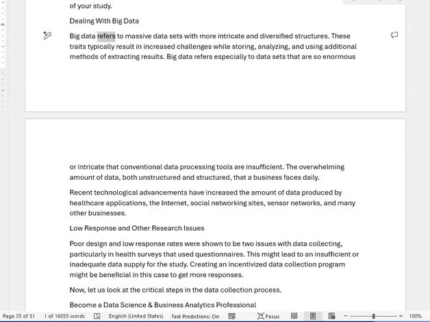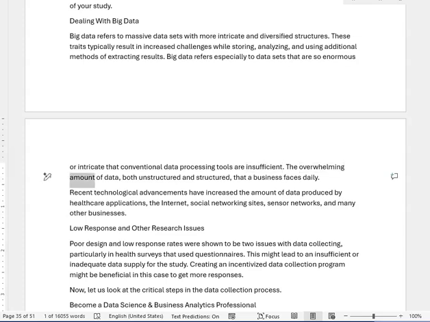Big data refers to massive data sets with more intricate and diversified structures. These traits typically result in increased challenges while storing, analyzing, and using additional methods of extracting results. Big data refers especially to data sets that are so enormous or intricate that conventional data processing tools are insufficient.